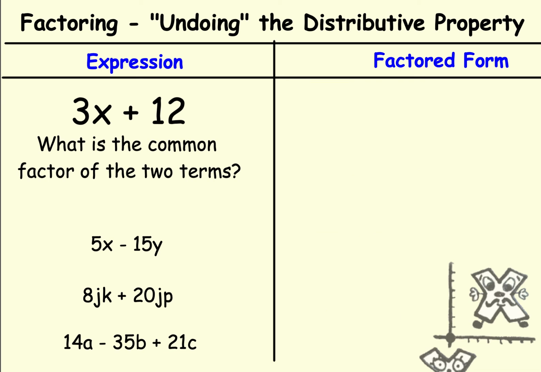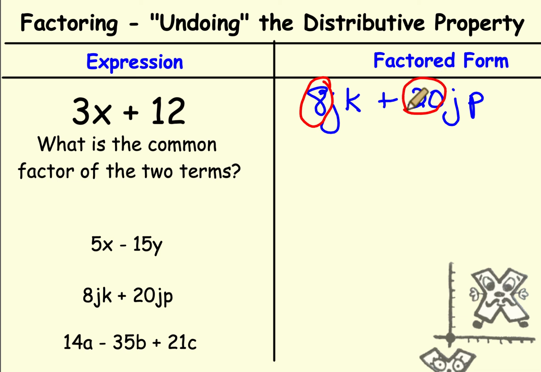Okay, on the next one, I have 8 times j times k, plus 20 times j times p. So not only do they have a common factor in the coefficients, but they also have a common factor in terms of the variable.